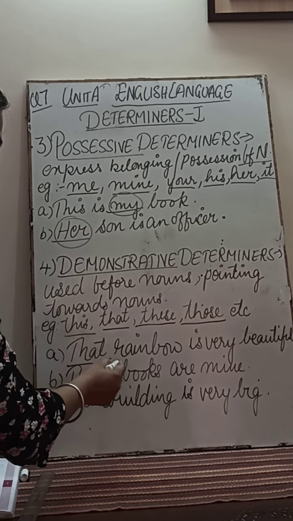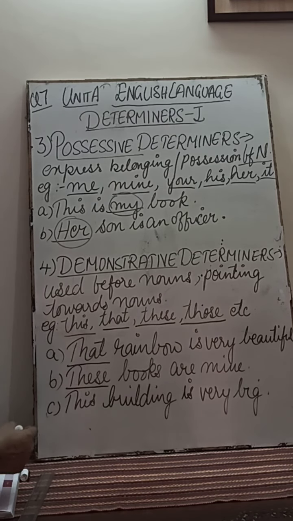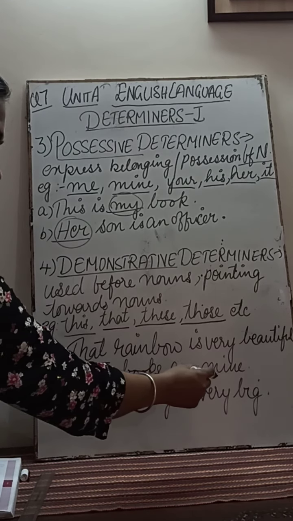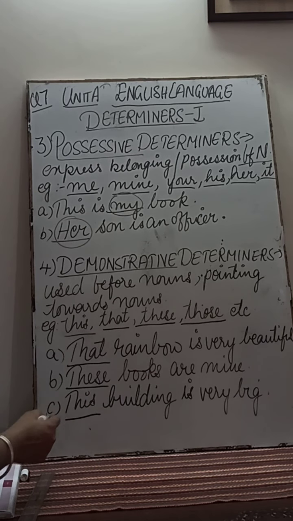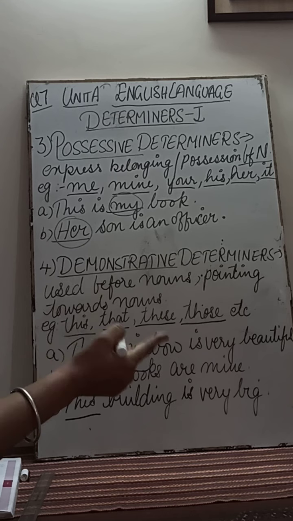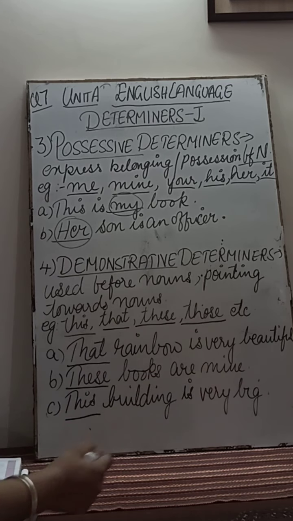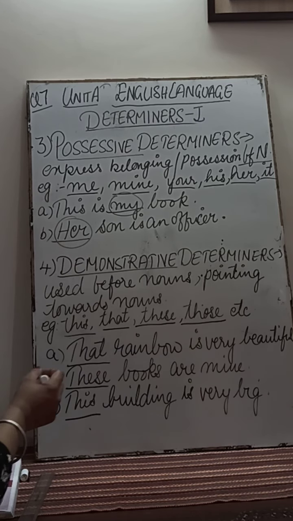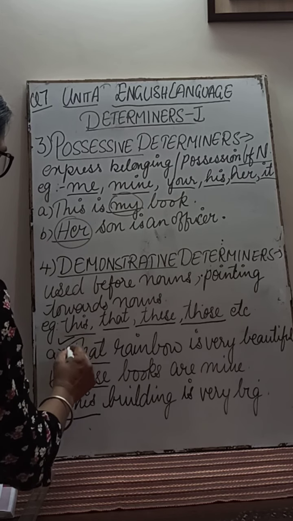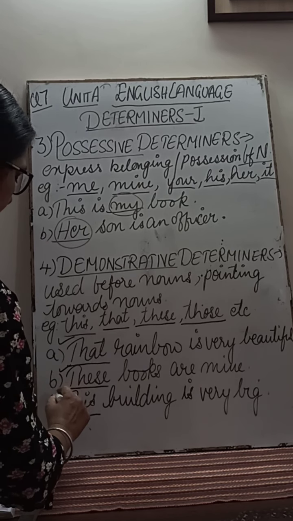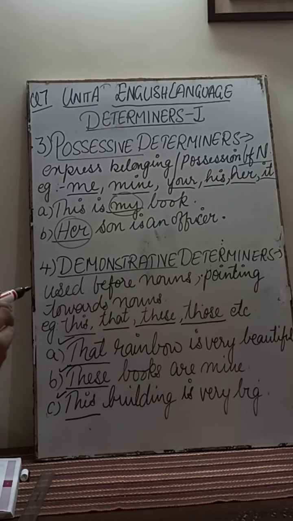So these are demonstrating. Then, this building is very big. This is pointing towards the building. Which building? This building is very big. So the words that, these, this, those, etc. are all called demonstrative determiners.